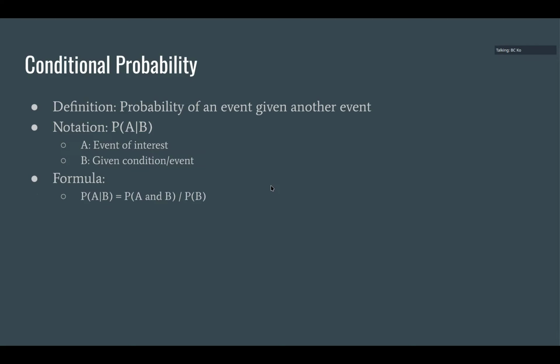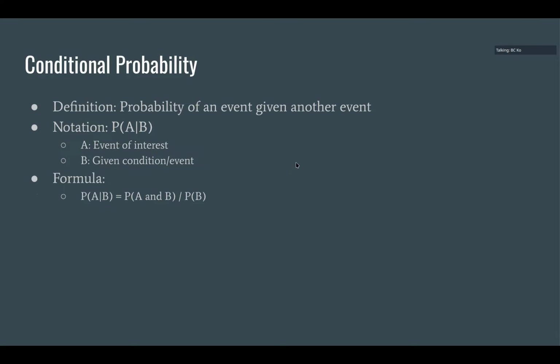So conditional probability is the probability of an event occurring given that another event has already occurred. This concept is crucial because it allows us to update our predictions based on new information.